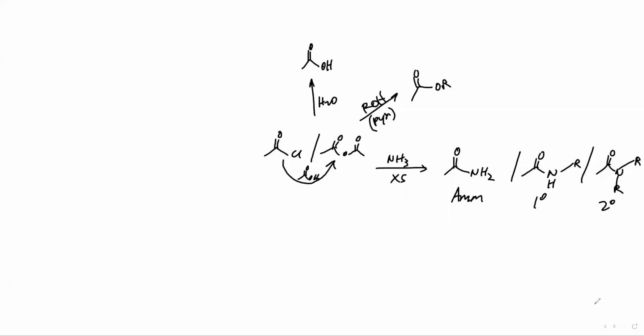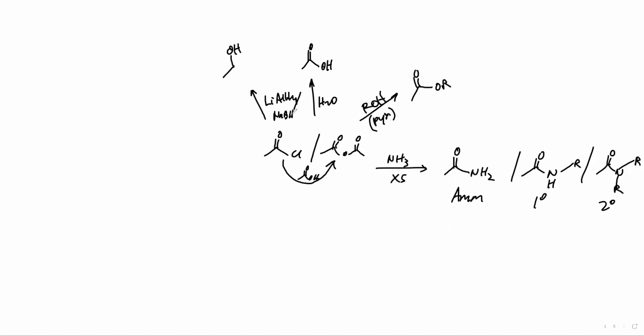Cool. Okay. So these are the derivative reactions. Again, the acyl halide has this extra one here. What can we also do here? Oh, we can do reductions. So again, lithium aluminum hydride will work here and it will completely reduce both of these into the primary alcohol.